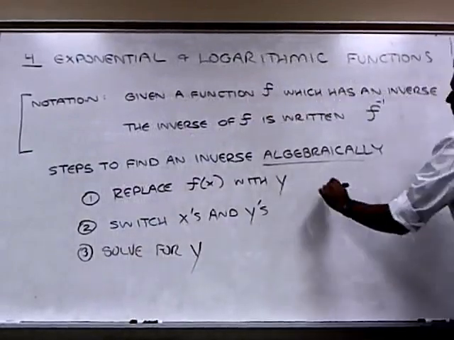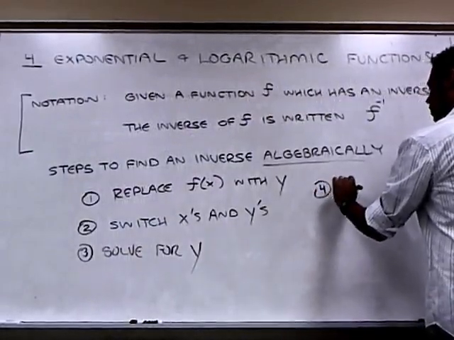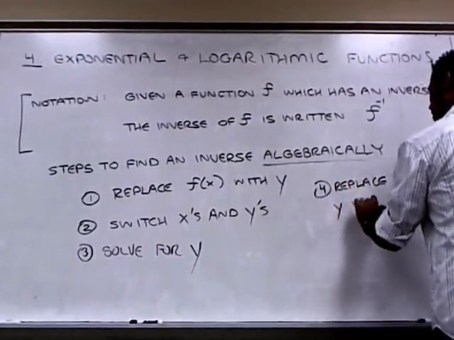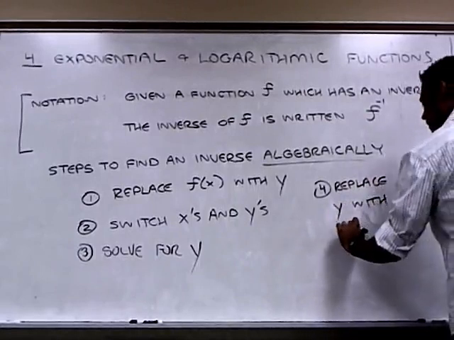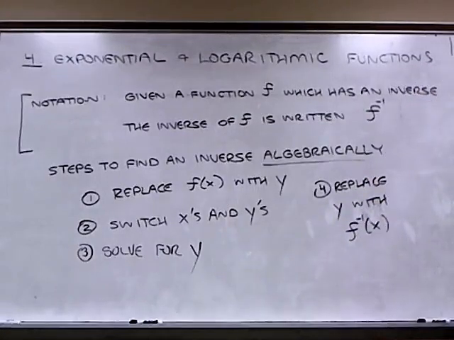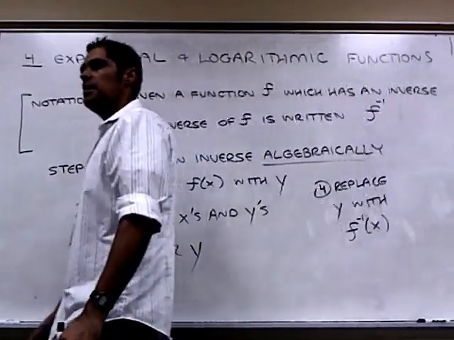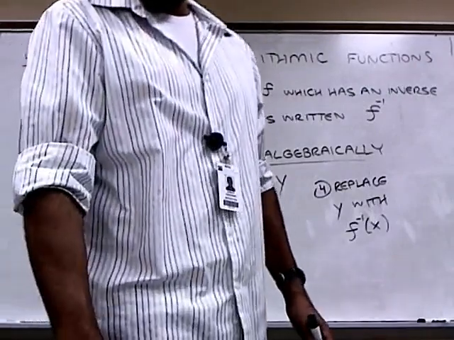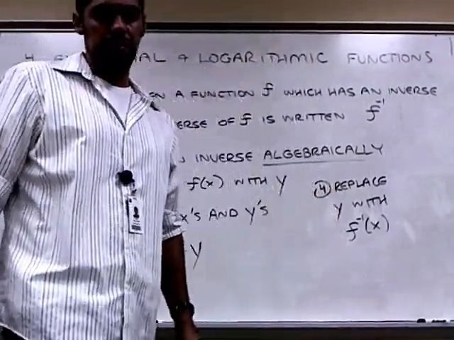In the last step, replace y with f inverse of x. That's the four-step process to finding the inverse of a function. That's what we're going to do. That's what you'll do on your homework for the remaining problems in this section.